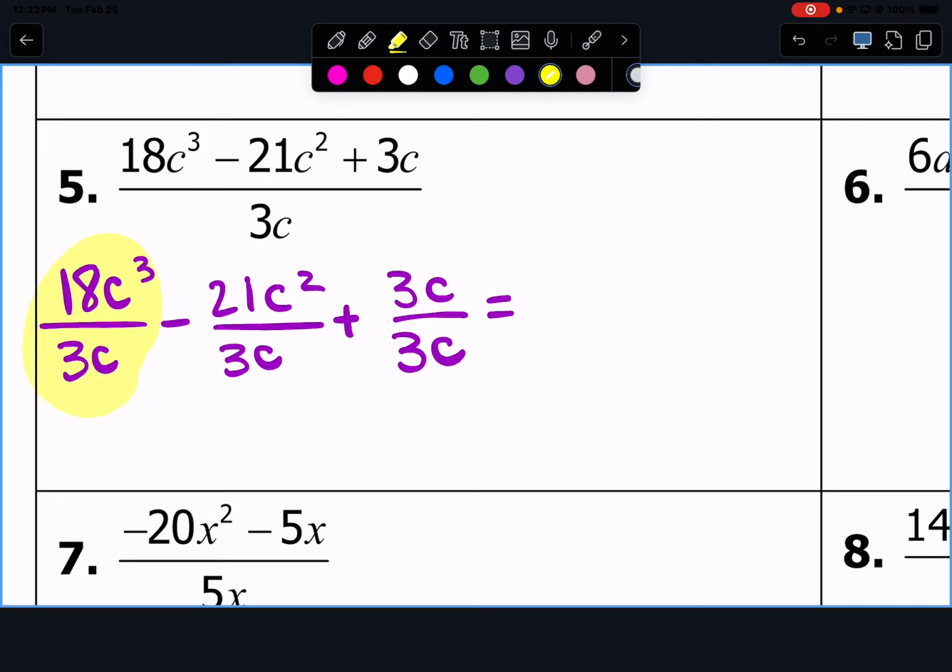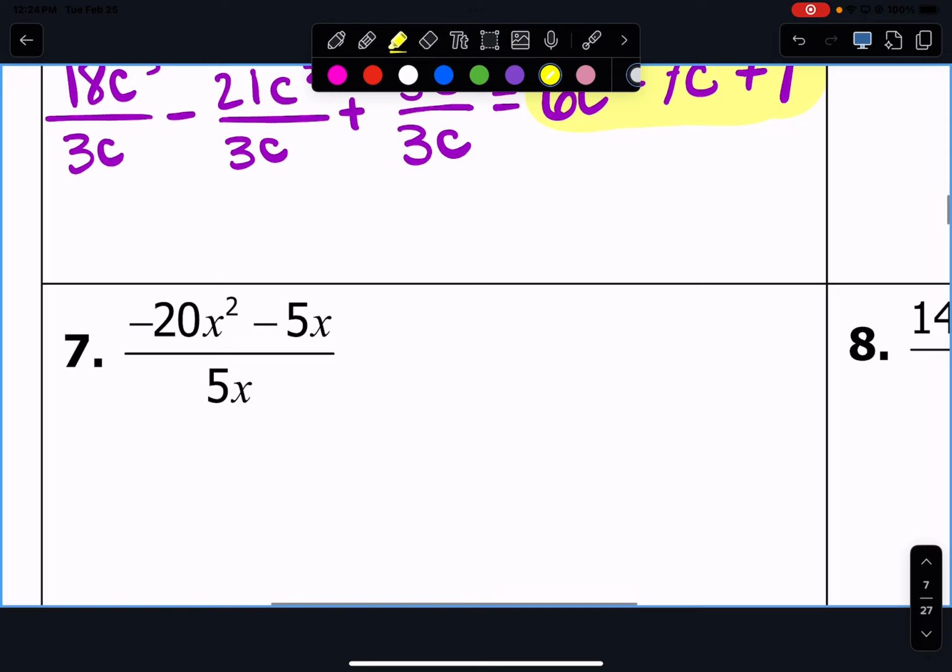For our first term, what do we get? 6. Not just 6, but we need 6c squared. Perfect. For the second term, what do we get? Not just 7c, but negative 7c. And then our last term will be? 1. Plus 1. And that's our answer.